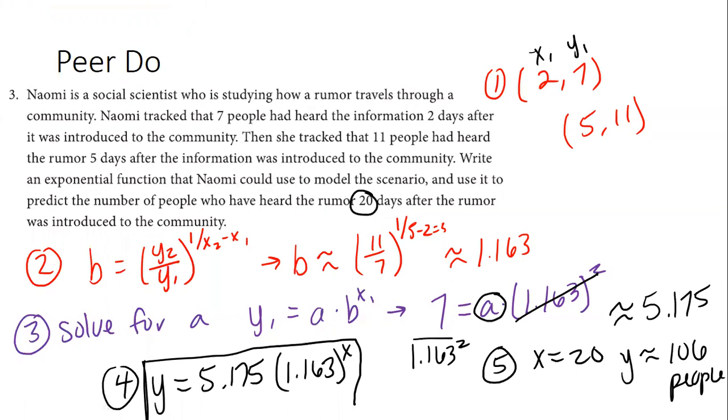So our growth factor is how quickly that rumor is spreading, right? Okay. What is the percent change? Anyone? There you go. Good job. Your percent change is 16%. Remember, this is saying how far am I from 100%?